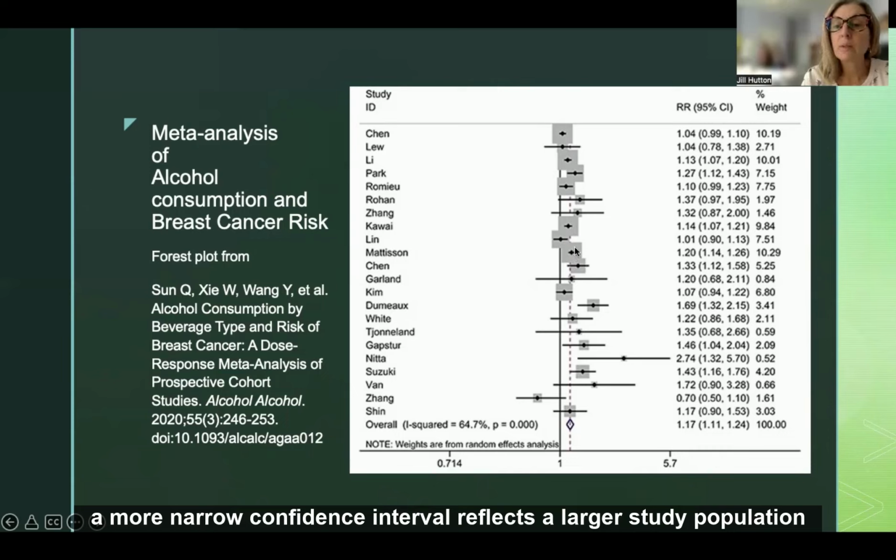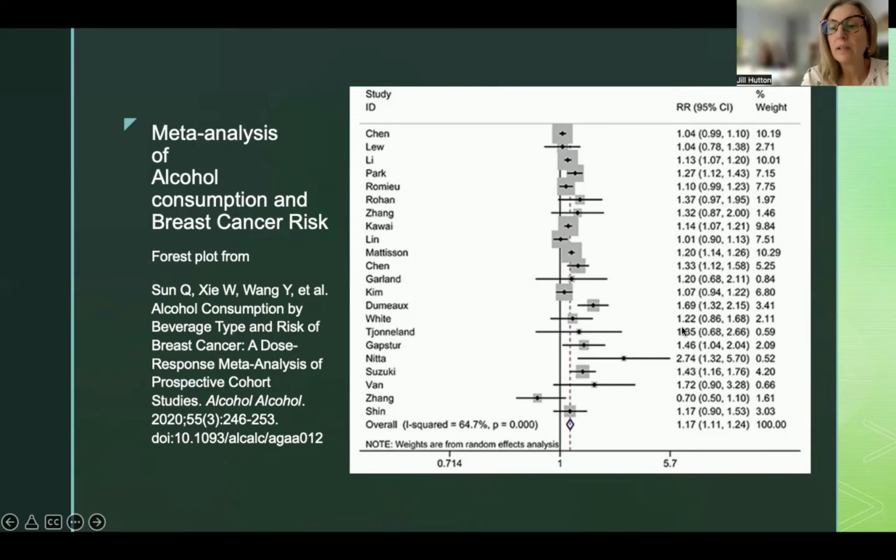And so these, with the small confidence intervals, carry a lot of weight, and these with the big confidence intervals are usually smaller populations and they carry less weight. And so then you put these all together, and it turns out that the relative risk, which is what we're looking at here, it all needs to be the same, is about 1.17 from all of these studies. And you get a very narrow confidence interval when you put them all together.